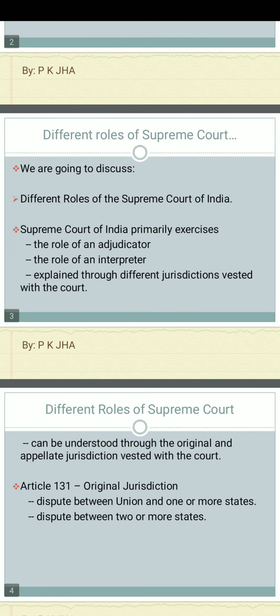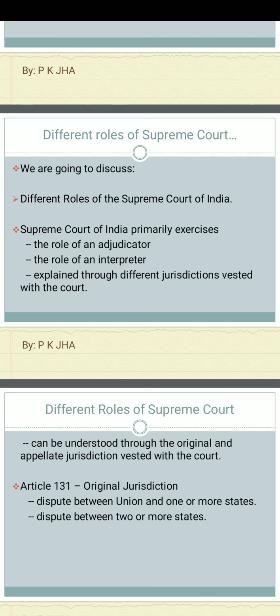Fine. The role of the Supreme Court as an adjudicator and interpreter can further be understood through the original and appellate jurisdiction vested with the court. The Supreme Court does have original jurisdiction, meaning all the rights that originally lie with the Supreme Court.